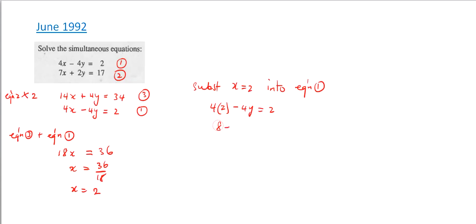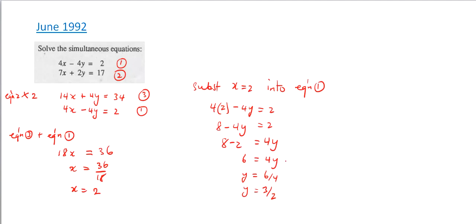So that is 8 minus 4y is equal to 2. And we can write 8 minus 2 is equal to 4y. 8 minus 2 is 6, is equal to 4y, and therefore y is equal to 6 over 4, therefore y is equal to 3 over 2.